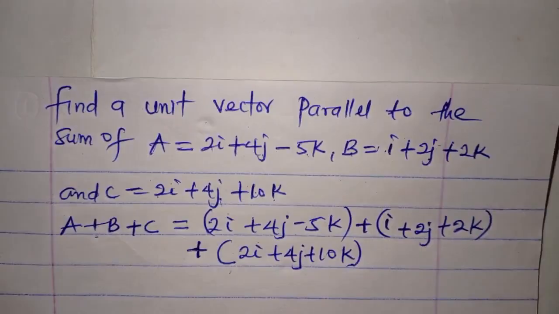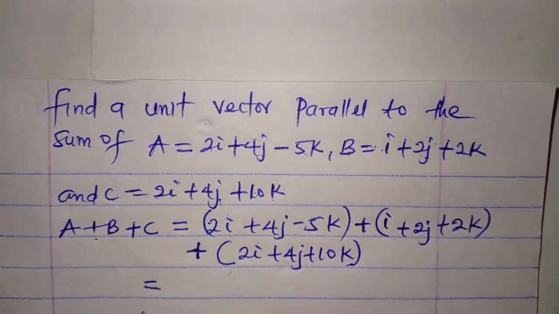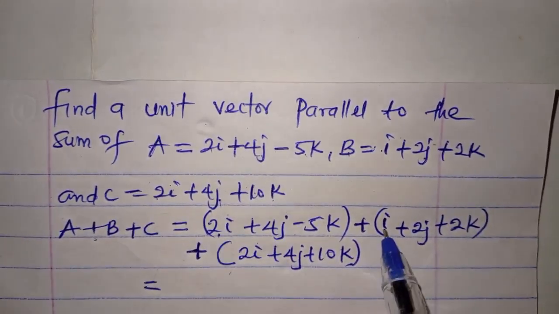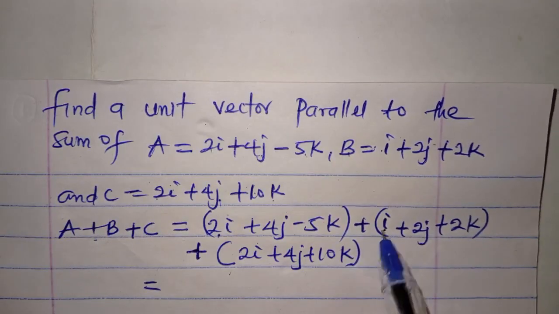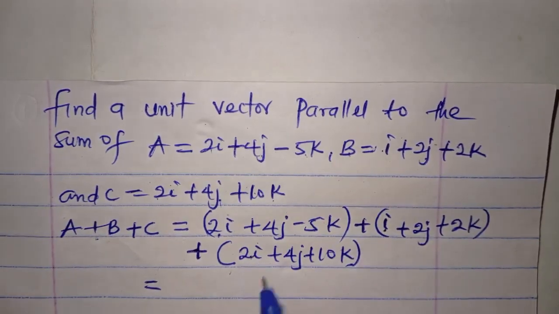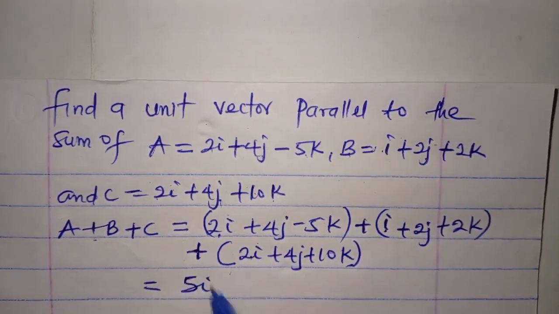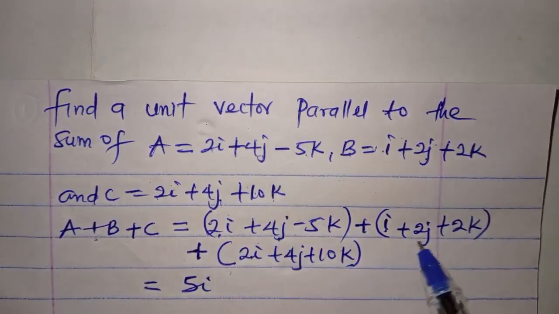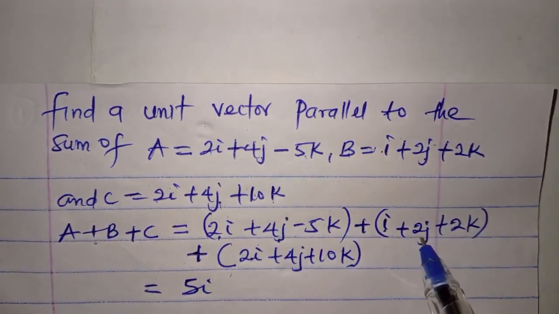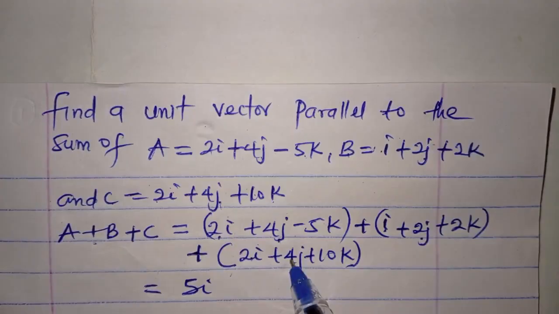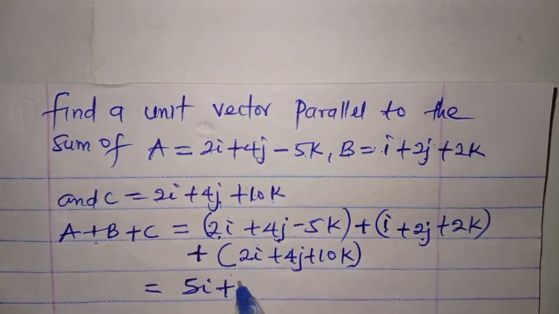So the sum is equal to 2i plus i, that's 3i, and 3i plus 2i is 5i. 4j plus 2j is 6j, and 6j plus 4j is 10j.